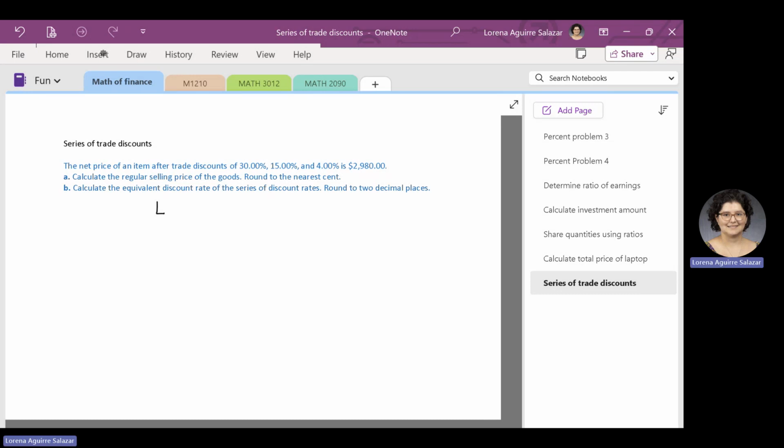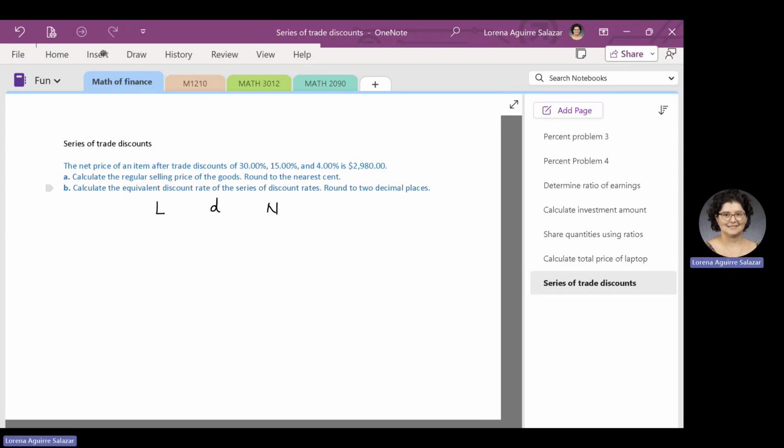The other type of variable is a trade discount, and that is usually denoted by D. And it's a reduction on the list price of a product that is usually given as a percent of the list price, and this percentage is known as a trade discount rate. And the net price of a product is the price of the product after deducting trade discounts from the list price.